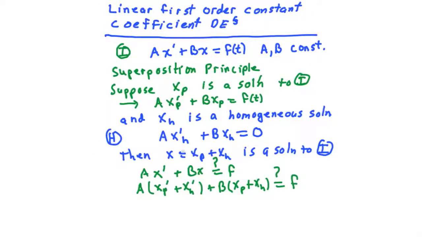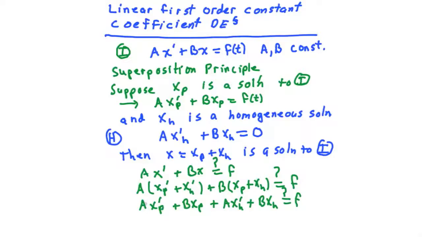Well, let's pull this apart. I have an a times x p prime plus a b times x p. I also have an a times x h prime from over here on the left, and a b times x h. And we're still hoping that that's going to be f.